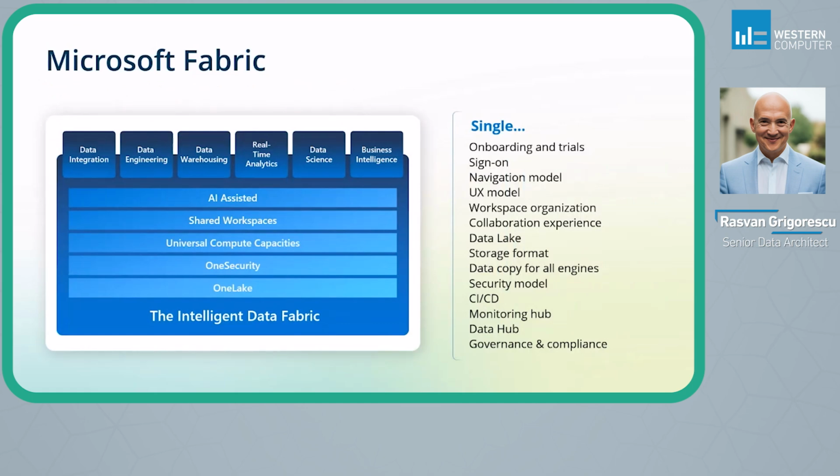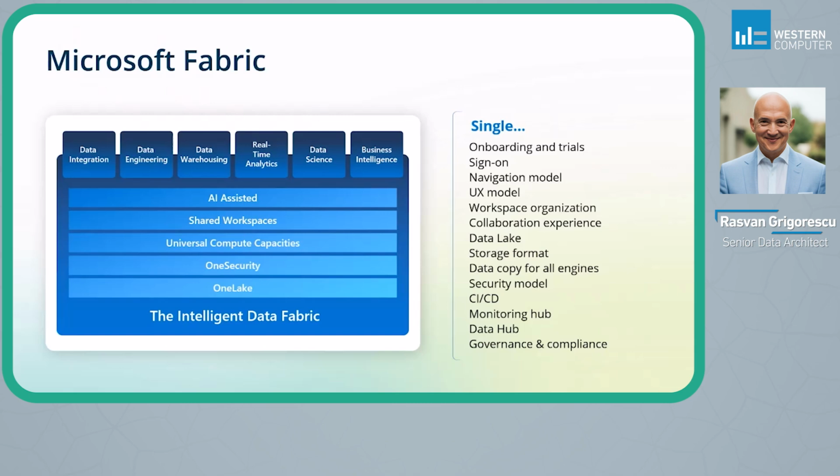Not only does Fabric integrate the tools at the top, but it also integrates down to OneLake. So there's a single data repository. The security model goes across all the workloads.